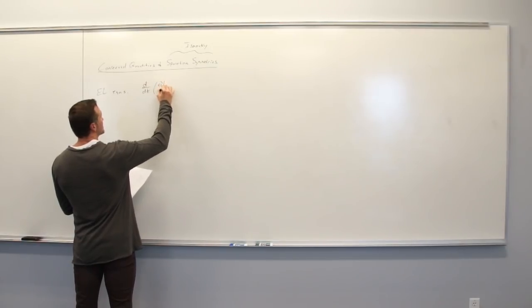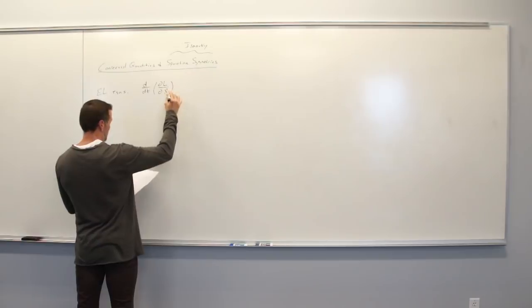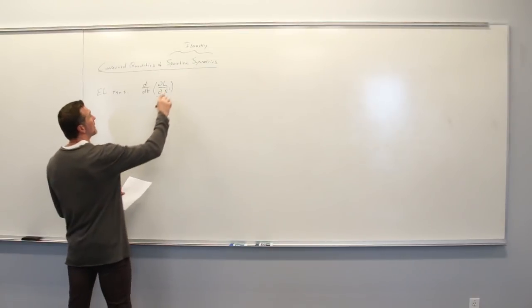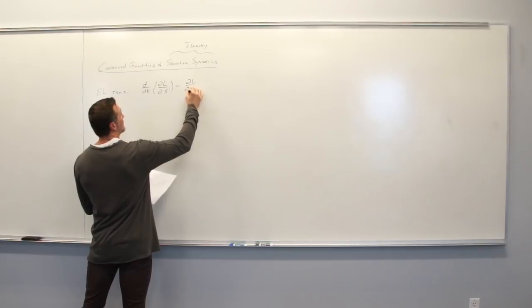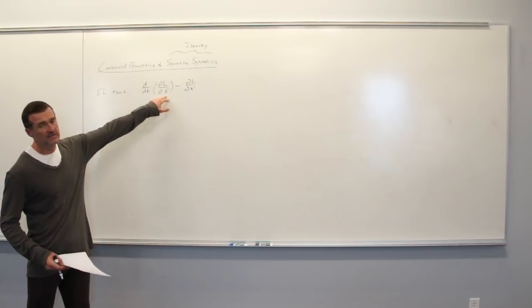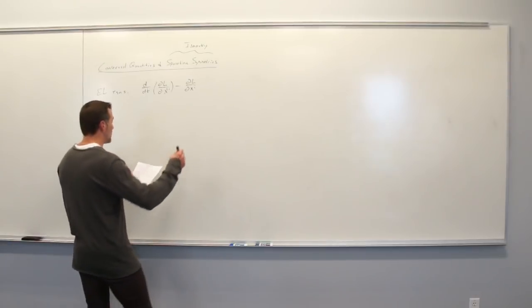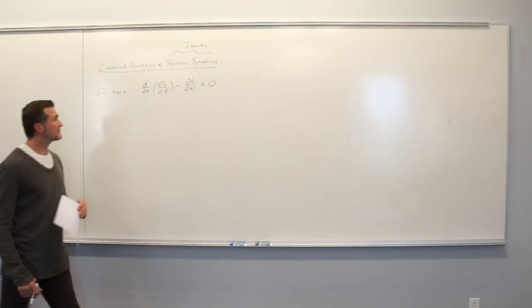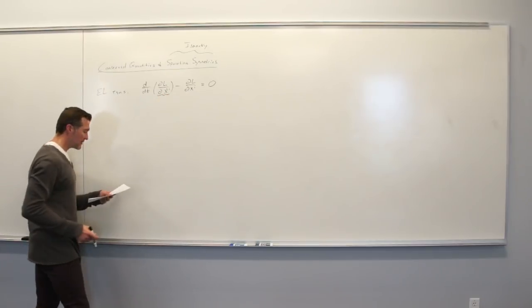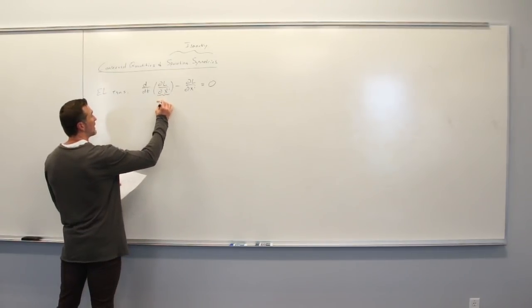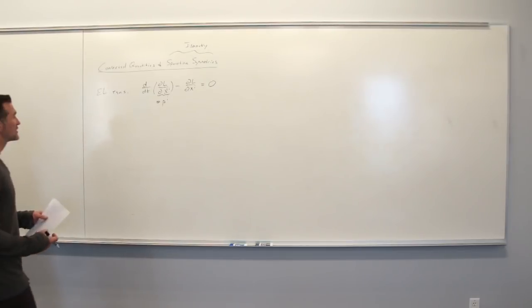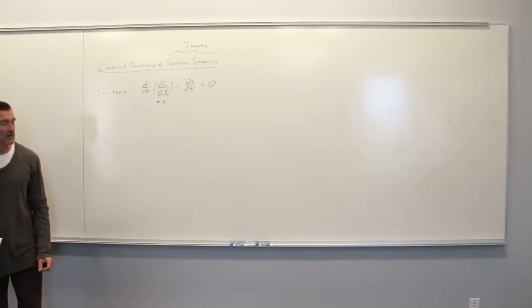The Euler-Lagrange equation says something like this, where this dot is the derivative with respect to time, and xi is the ith component of the spatial position, and this, of course, is the ith component of the velocity. Hopefully at some point this quantity in parentheses was defined to you as the conjugate momentum pi. If you take the partial derivative of the Lagrangian with respect to the velocity component, that defines the conjugate momentum pi.